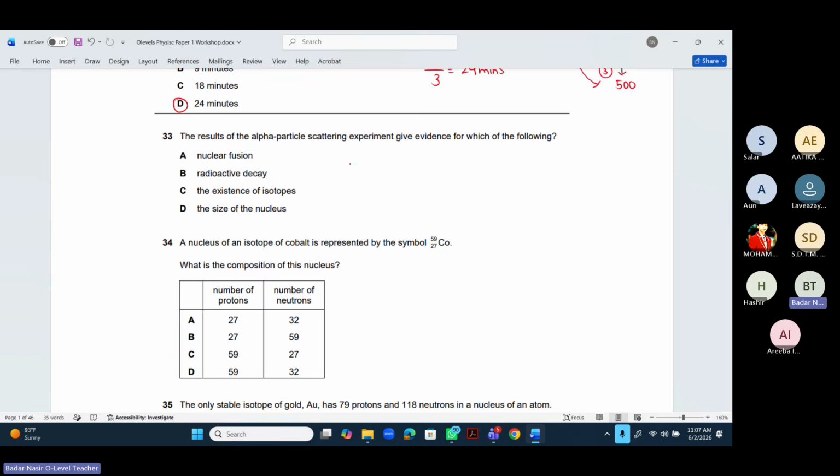The results of the alpha particle scattering experiment give evidence for which of the following.